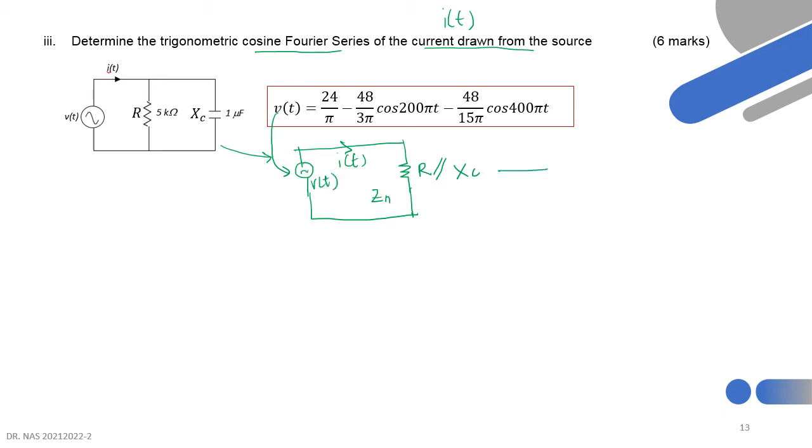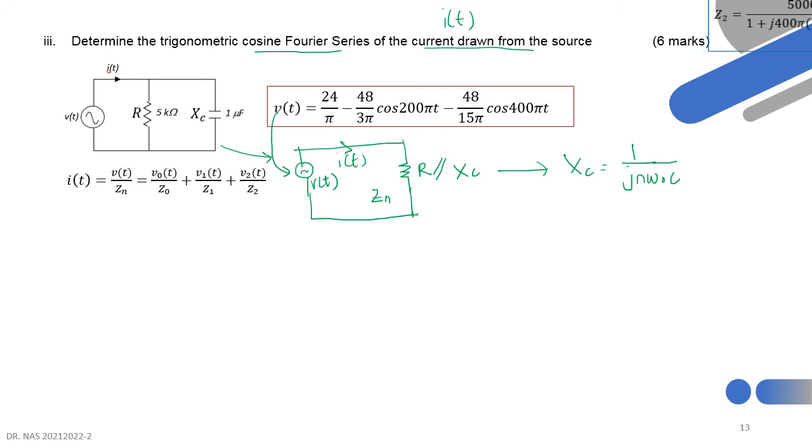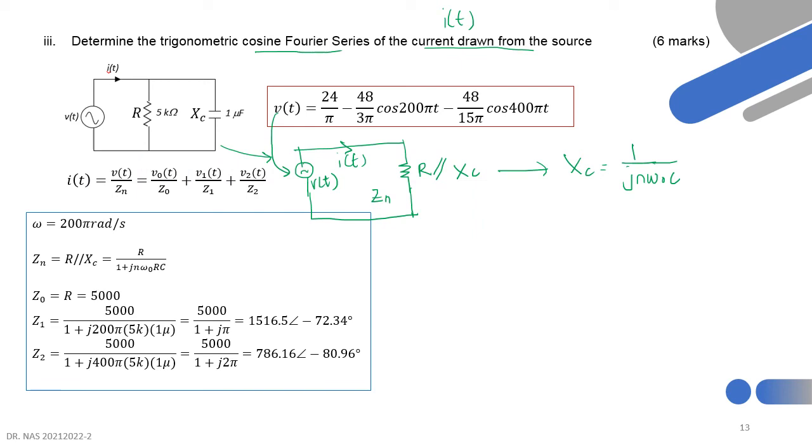Okay, so don't forget XC is equal to 1 over j n omega naught C. Okay, so to calculate i, you need to divide the v(t) with the total impedance. So for Fourier series, you need to consider the sequence or the harmonics. So your n depends on the required n.